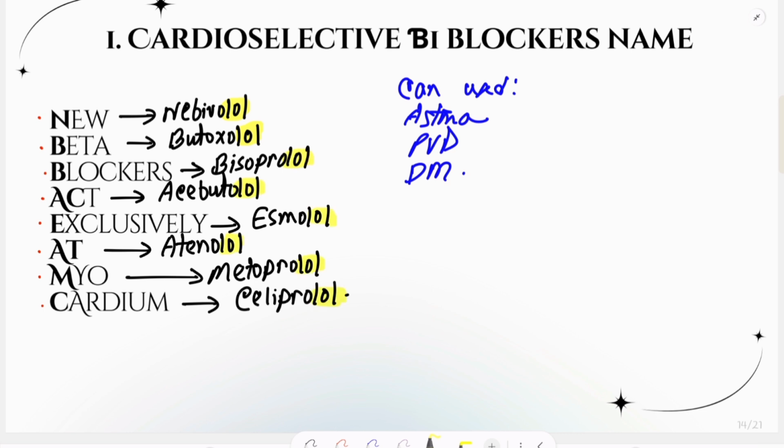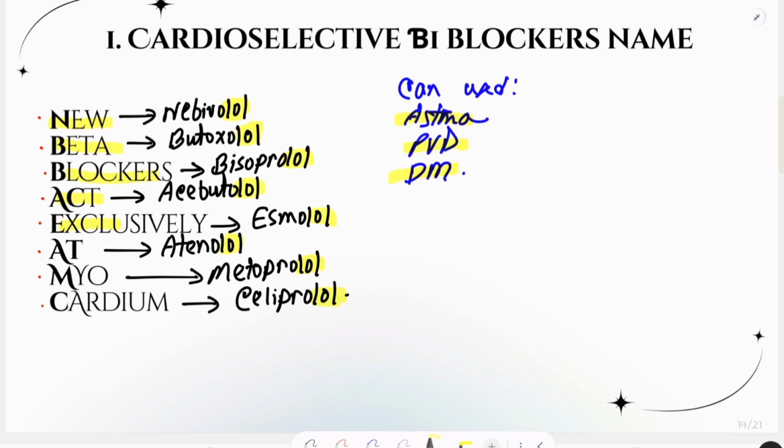There are so many beta blockers. There are almost 40 beta blockers, but only 8 of them are cardioselective and the rest are not. And you can remember the 8 by this mnemonic. So these are cardioselective beta blockers and they can be used in asthma, peripheral vascular disease and diabetes mellitus.